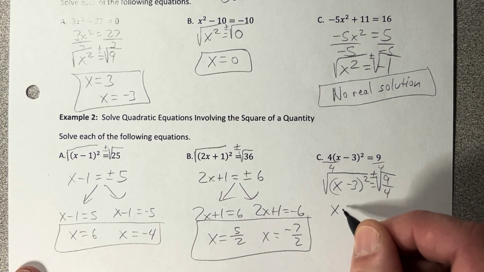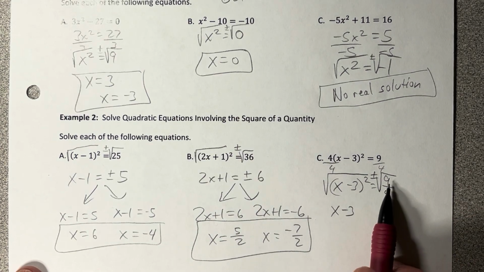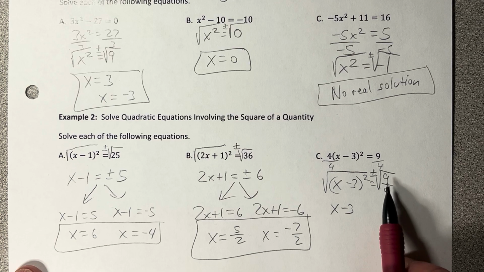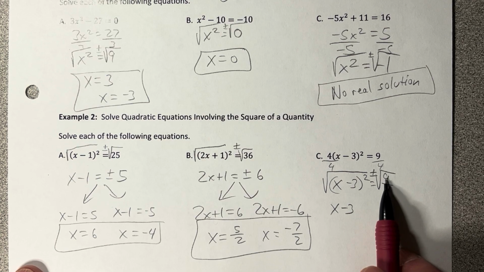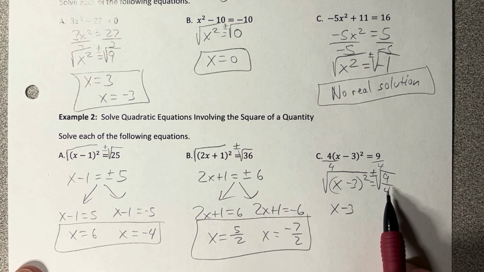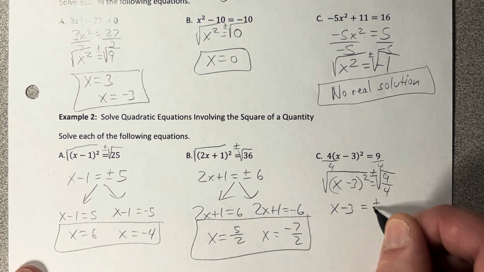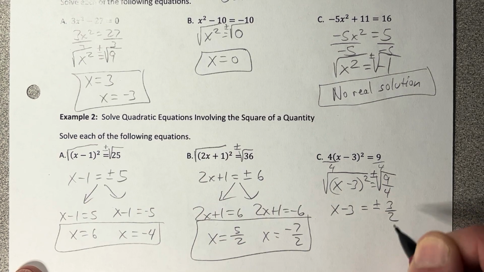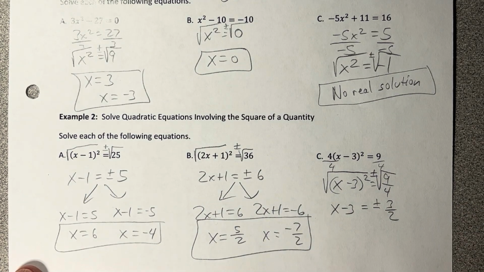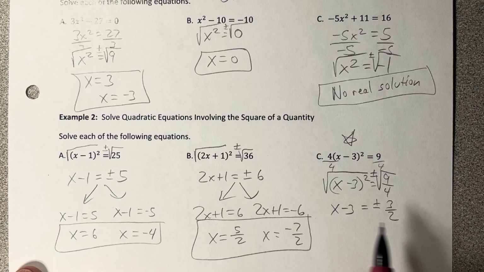And what's cool about this is you can actually do this in your head. Division's pretty closely related to radicals, so we can evaluate these separately. Square root of 9 is 3, square root of 4 is 2, so we get plus or minus 3 over 2. And yeah, put a star by this one because this is the most complicated one.